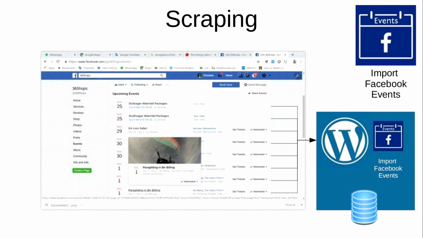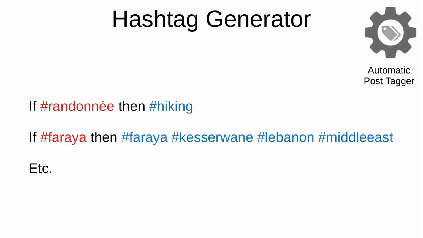The second plugin is the hashtag generator. We're using a plugin that has been deprecated now for 5 years. It's a very old thing. It's called Automatic Post Tagger. It's excellent, by the way. It's a very simple and good plugin. And this plugin is in fact recognizing words in the text of every post and generating tags.